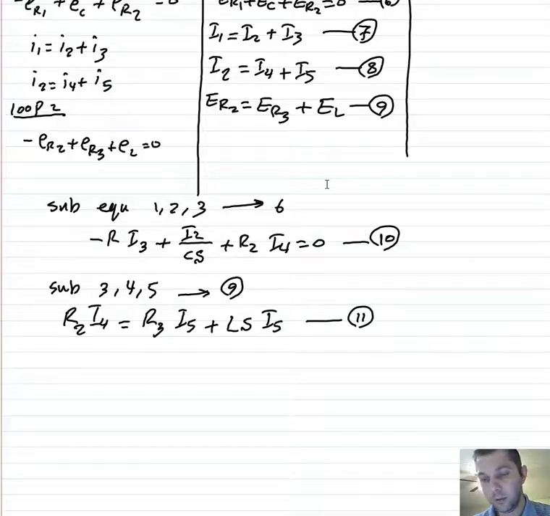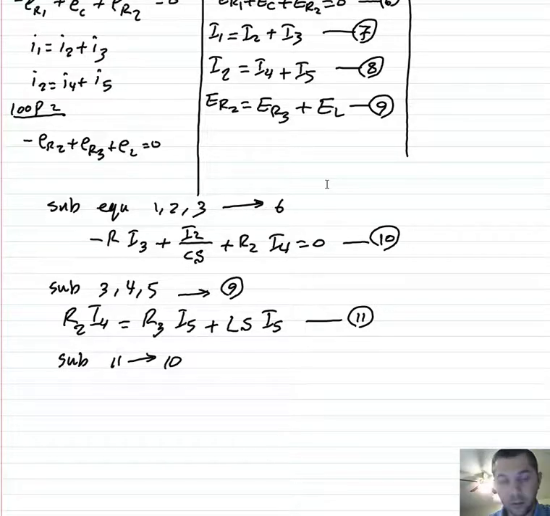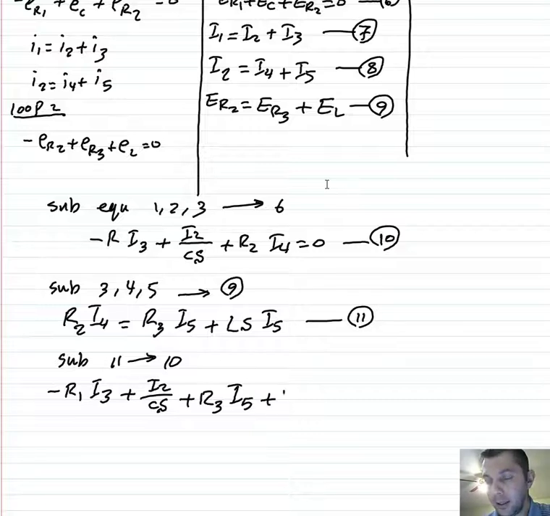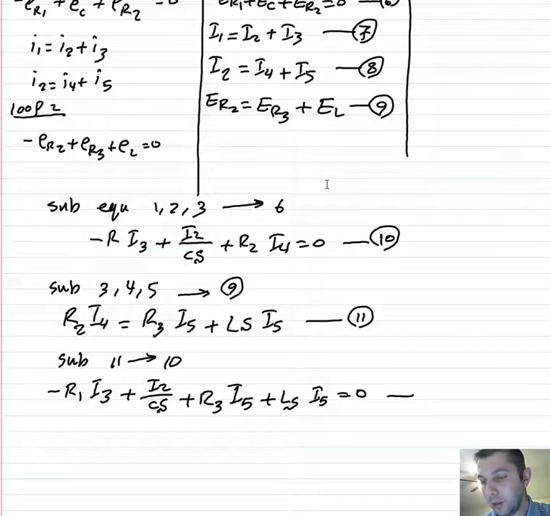This is equation 11, and we will substitute equation 11 into equation 10. So we have minus R1 current 3 plus I2 CS plus R3 I5 plus LS I5 is equal to 0. This is equation 12.